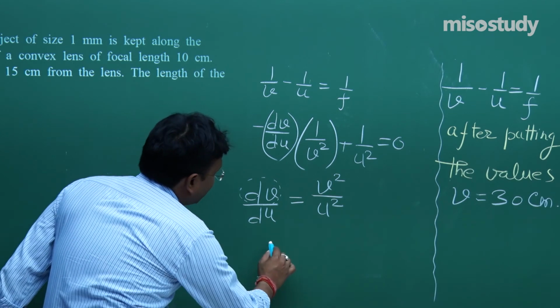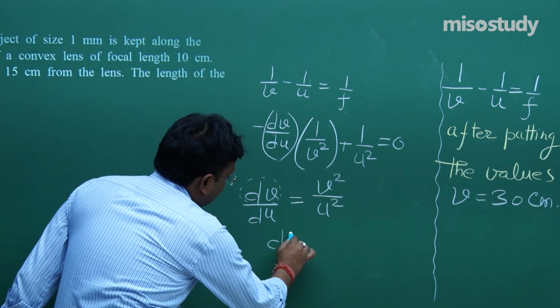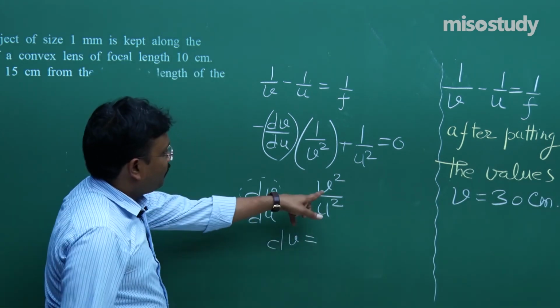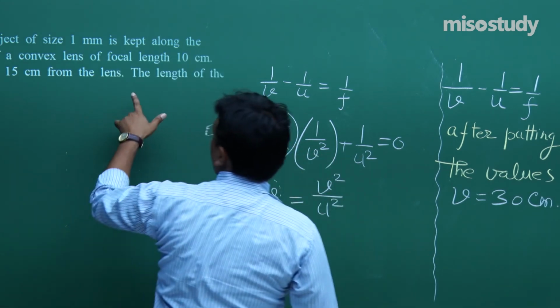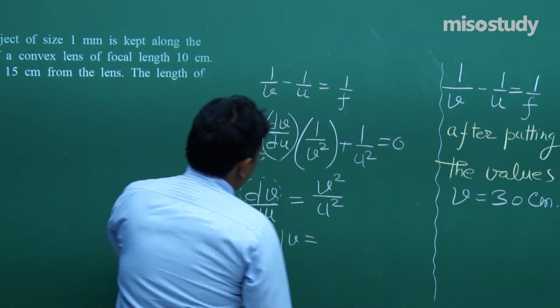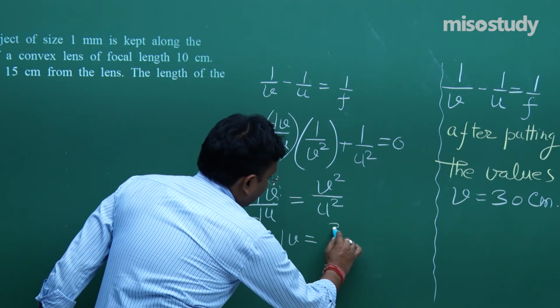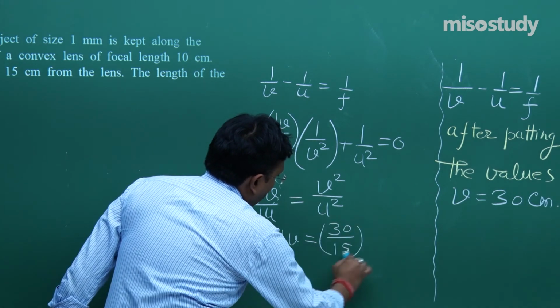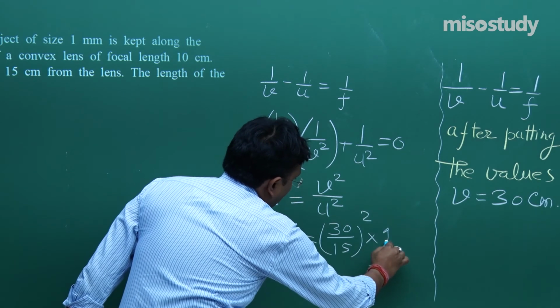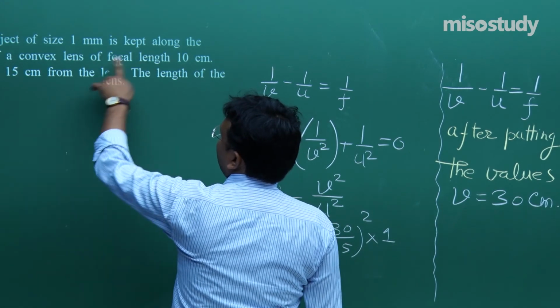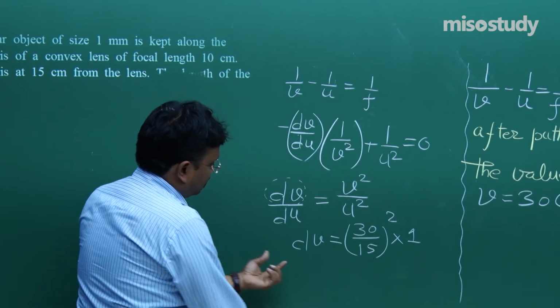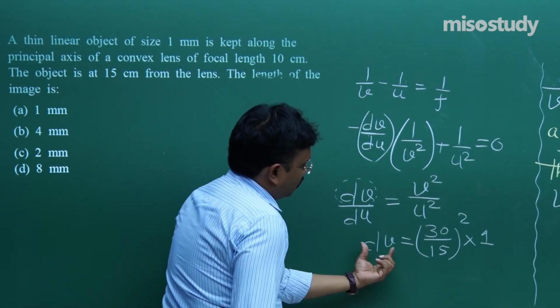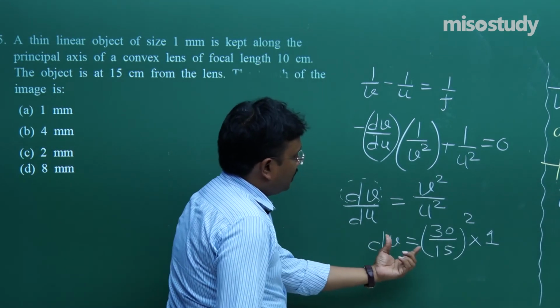So from here, dV is equal to the V value 30, and the U value given over here is 15. Put the values: 30 upon 15 whole square into 1, because 1 mm is the length of this object. So dV is equal to 4 into 1. Why 4?